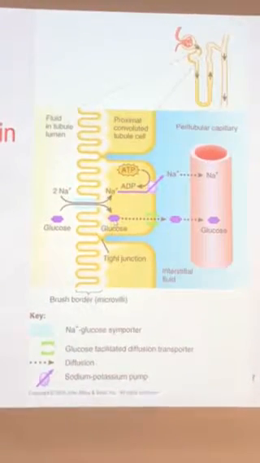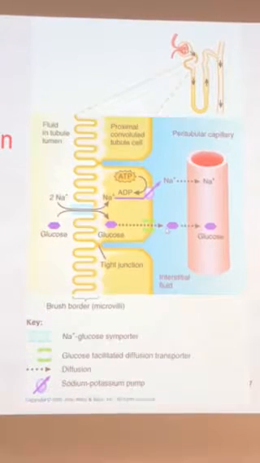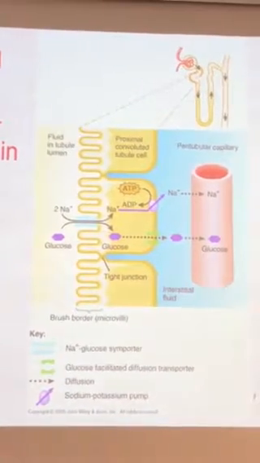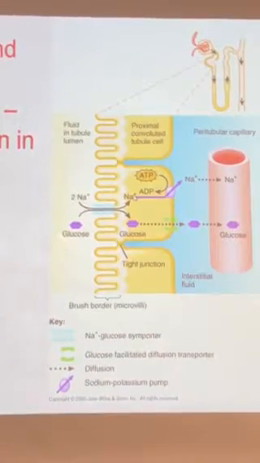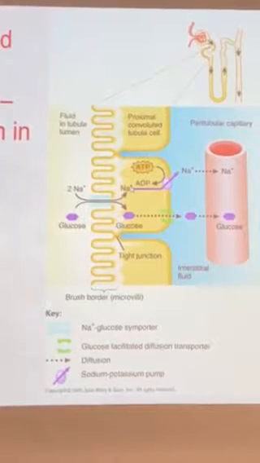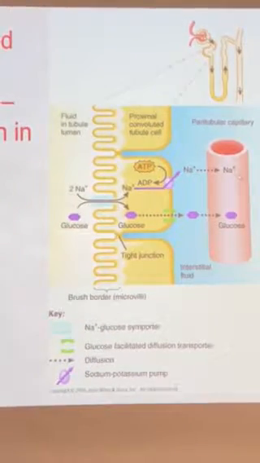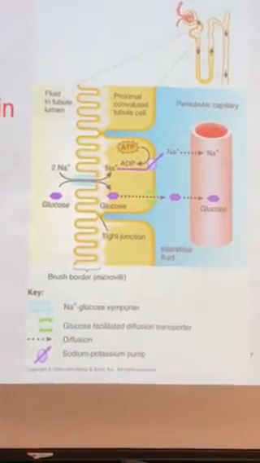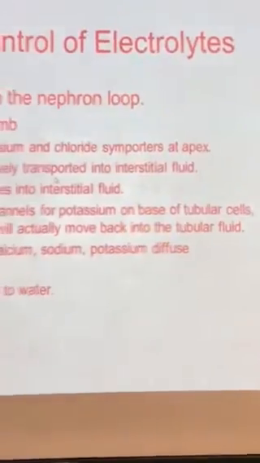Once you get glucose in there, that can move through that cell through special shuttles for free, and you'll reabsorb your glucose. However, when you get the sodium in there, just like we featured it before, to get that into blood, you got to kick in a little ATP, and now you can get the sodium in there. So that's how you use a symporter in the proximal convoluted tubule.